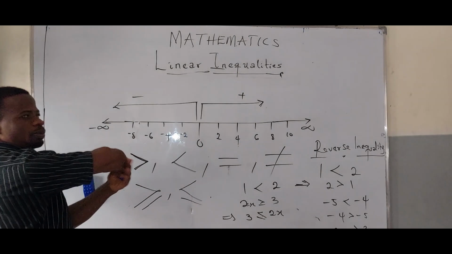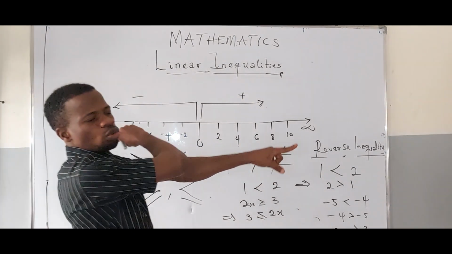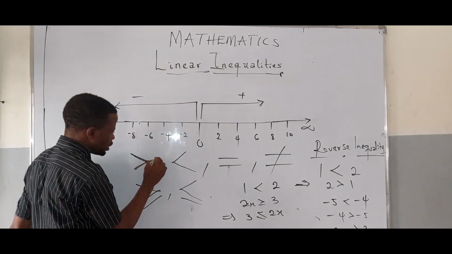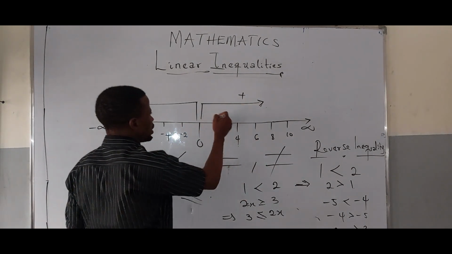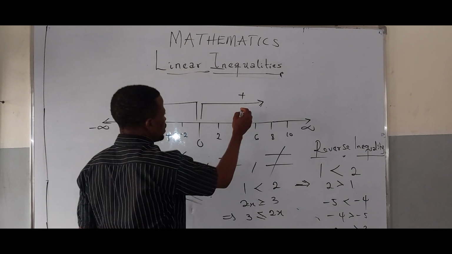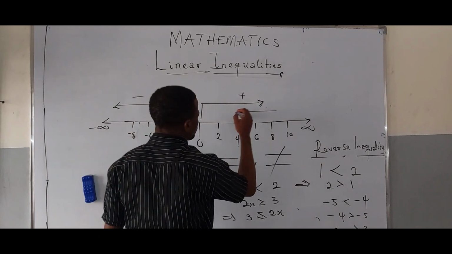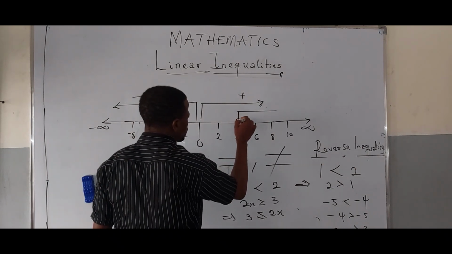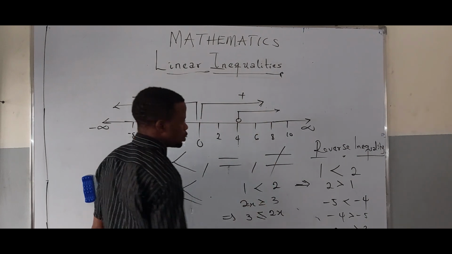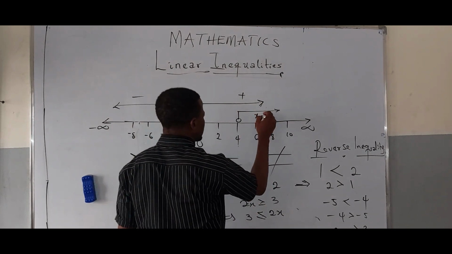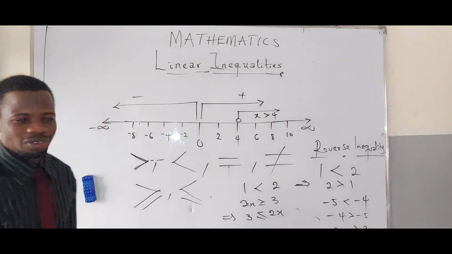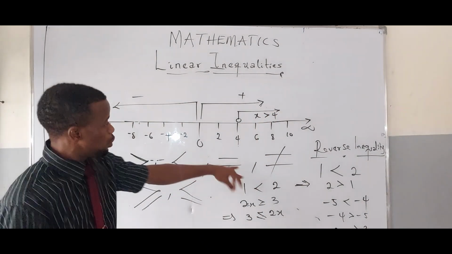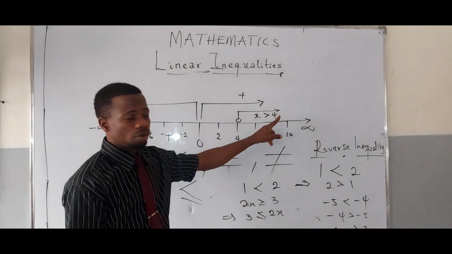This is my elbow, and it is tilting towards the right. So if I write a number here, I can represent this value. This implies that x is greater than 4. You see that? I'm representing it on the number line now. This is greater than 4.